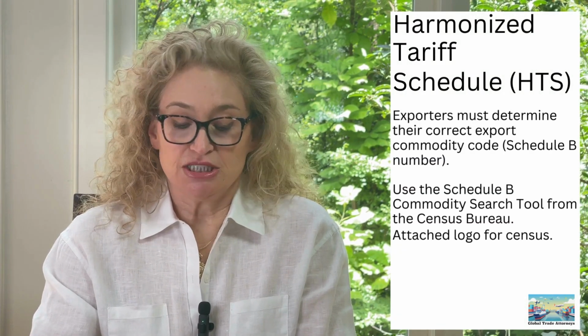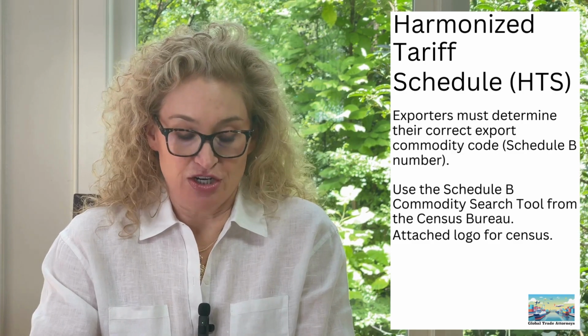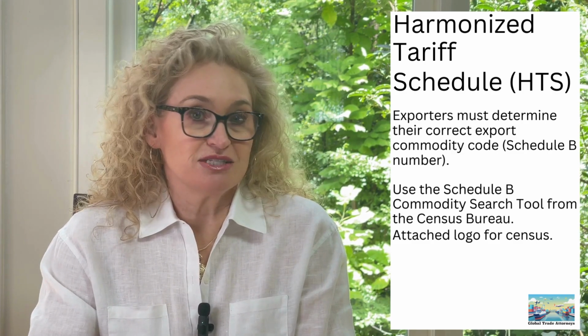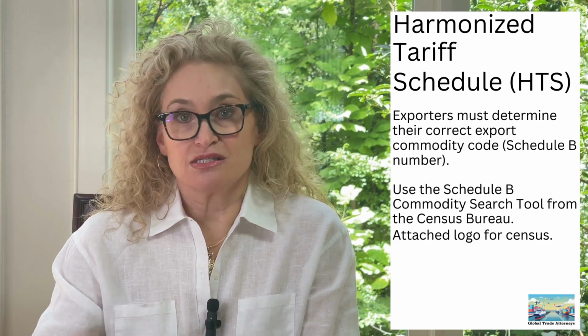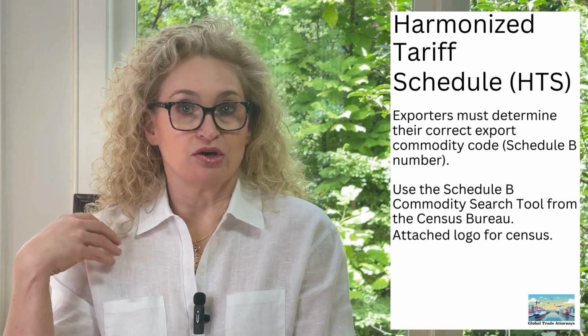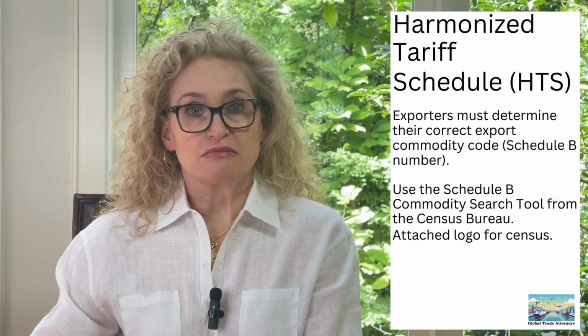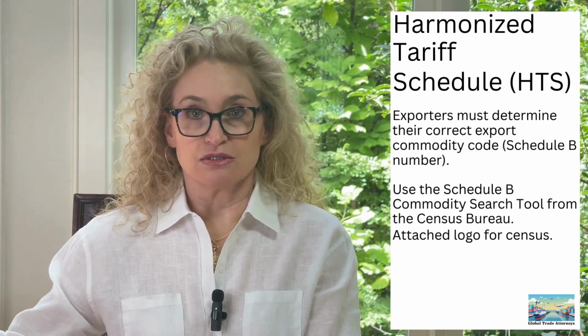So finding the right harmonized tariff code under the HTS, the Harmonized Tariff System, is really important. This is how something like this linen shirt I'm wearing gets to Spain or Italy or Thailand and is assigned the proper customs and tariff treatment at the border.